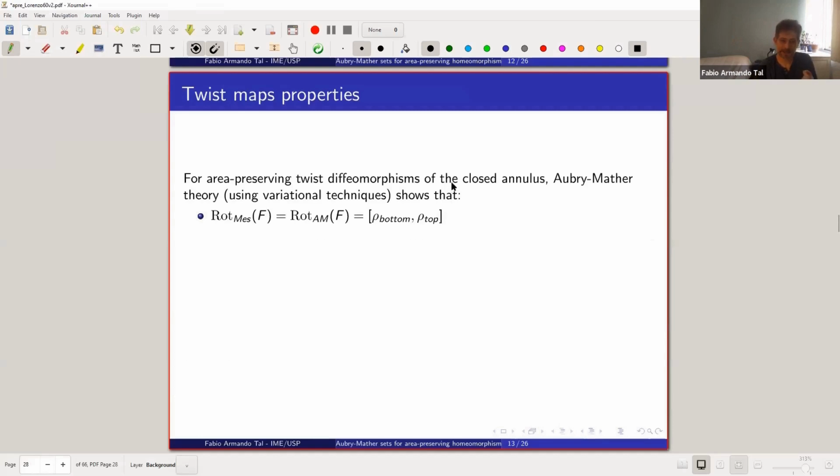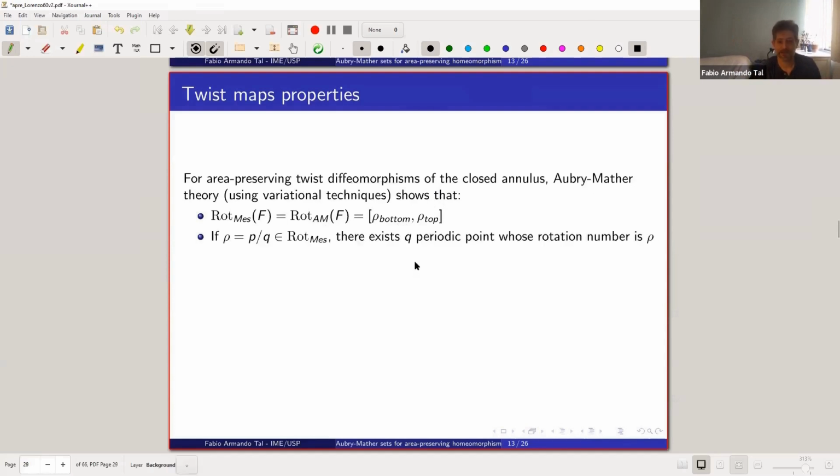But in this case, if you look at twist diffeos of the closed annulus, you have something like Aubry-Mather theory, just using rational techniques mostly. And you're going to show that in this case, it was already known that weak realization was the same as strong realization, meaning that everything from top to bottom is going to be realized.